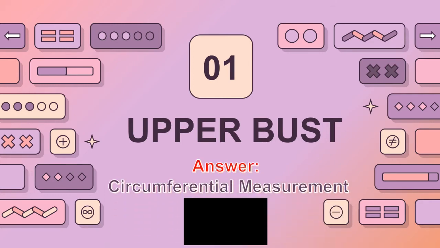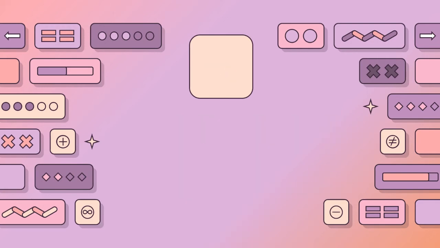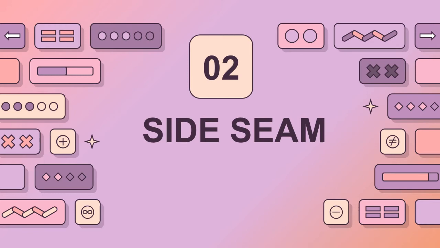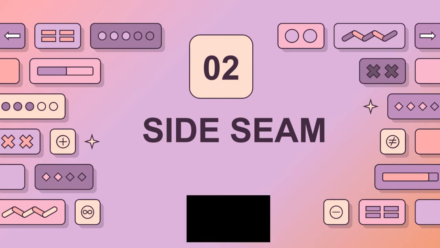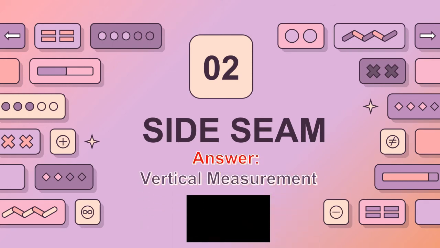The correct answer is circumferential measurement. You got it right. Number 2, side seam. What is your answer? Very good. That is vertical measurement.